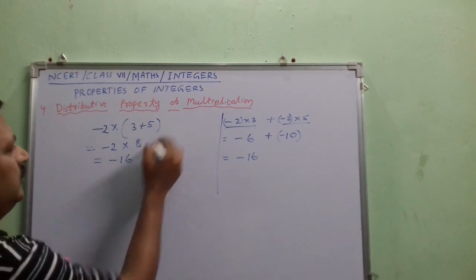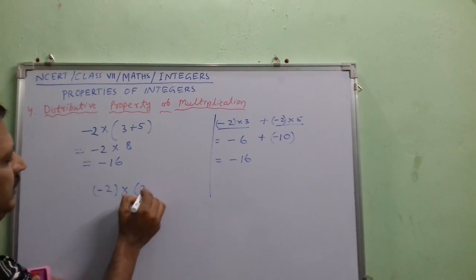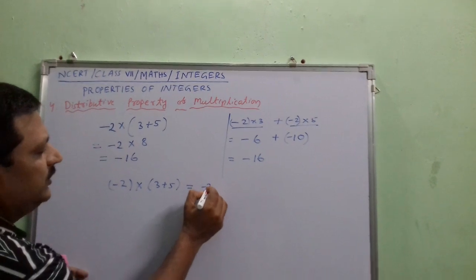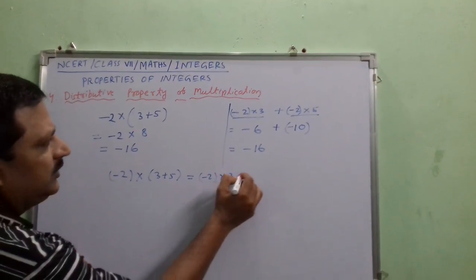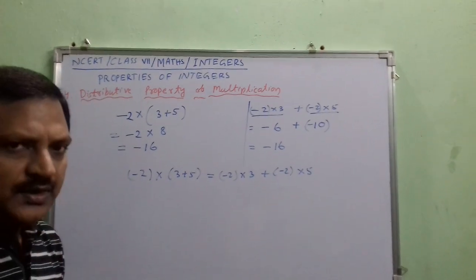So minus 2 into (3 plus 5) is equal to minus 2 into 3 plus minus 2 into 5.